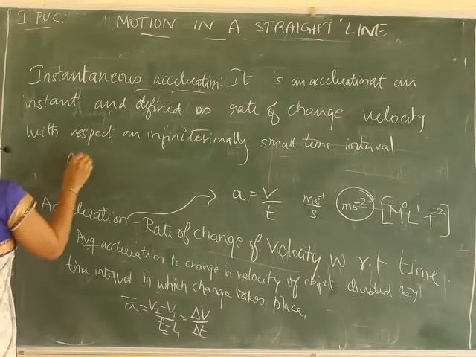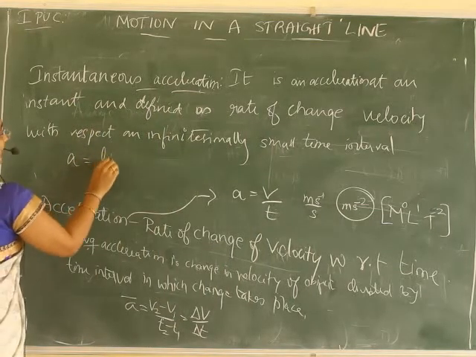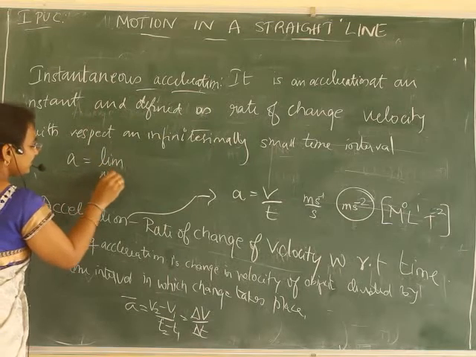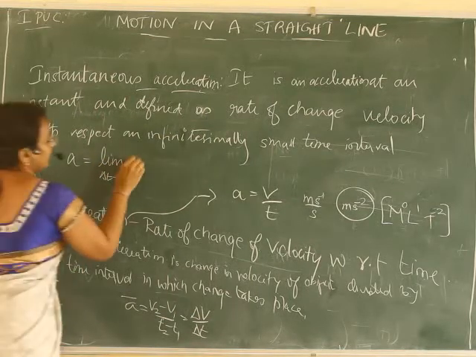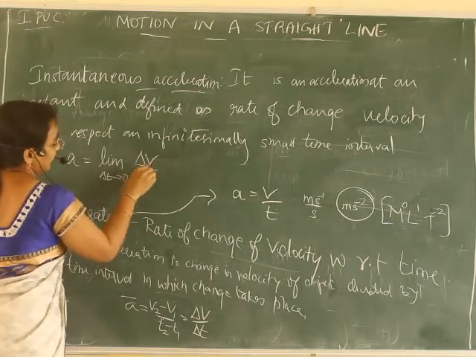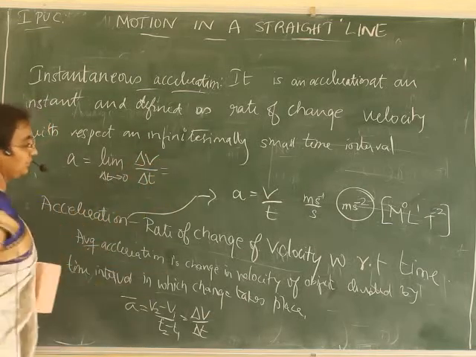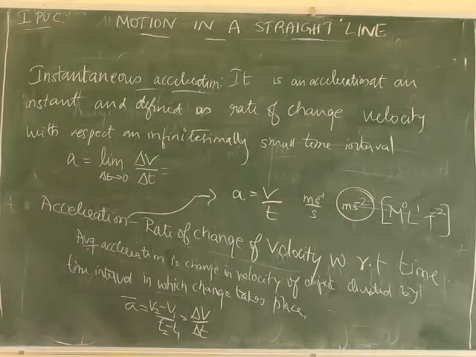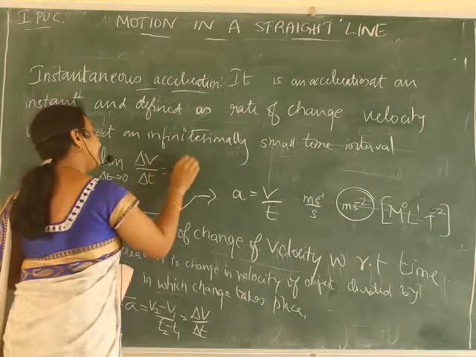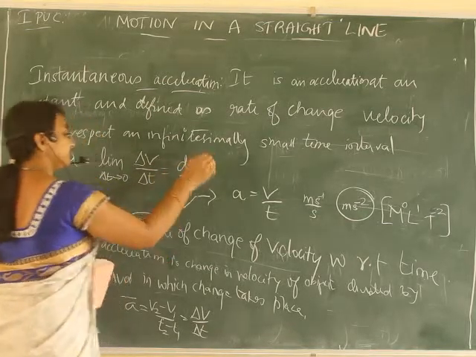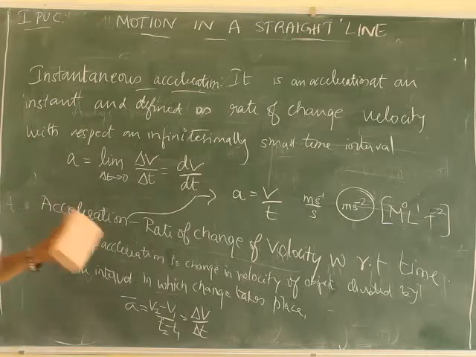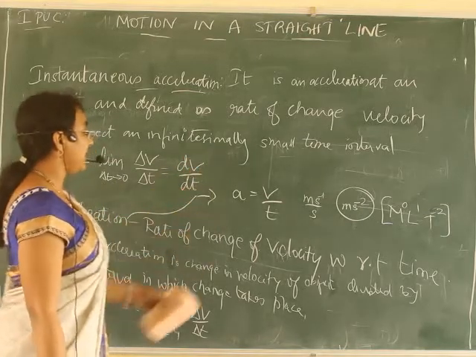So A is equal to limit as time tends to 0, delta V by delta T, is equal to dV by dt. In terms of differentiation, it is dV by dt.